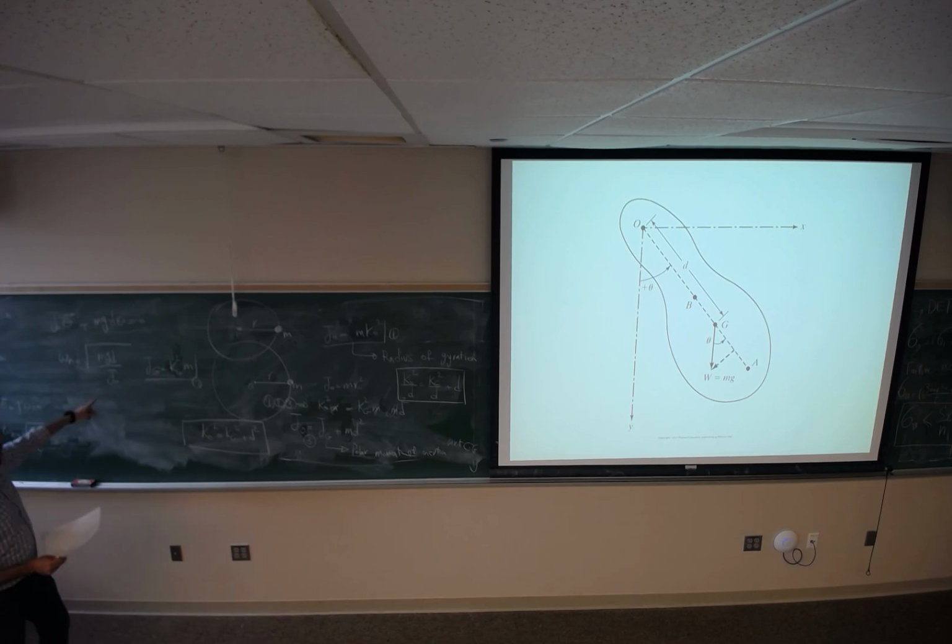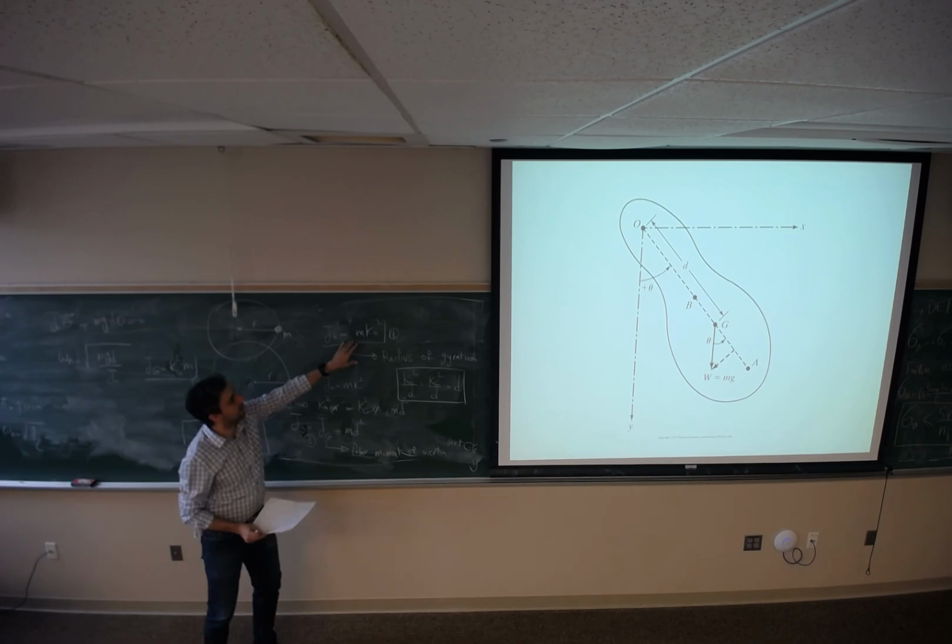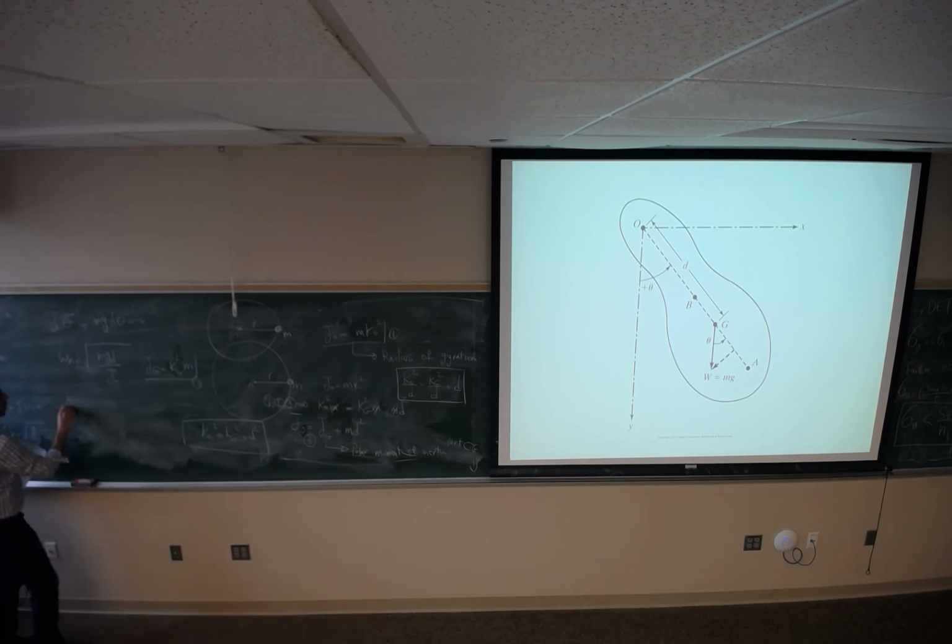So I'm gonna replace this J naught with this. Natural angular frequency is gonna be mgd divided by m k naught squared.